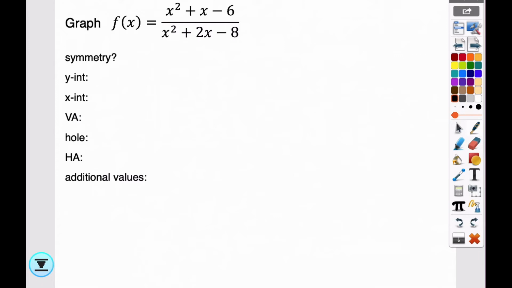We're going to try one more just to practice all of that. I like to start by factoring. Skipping the symmetry for now.